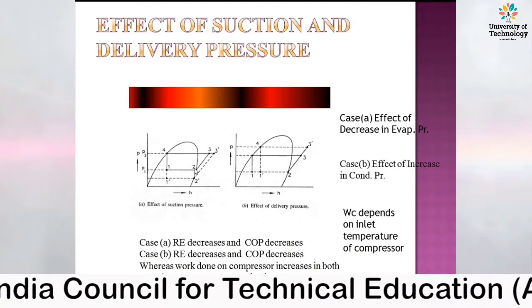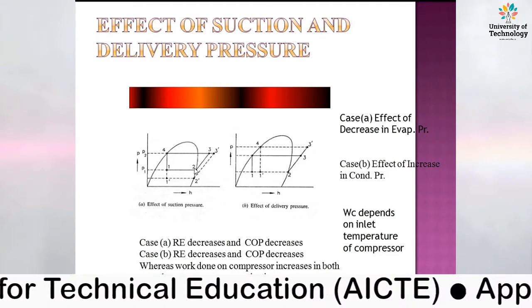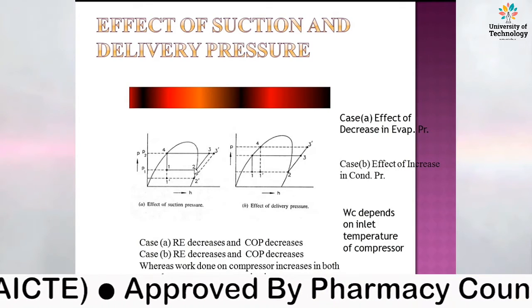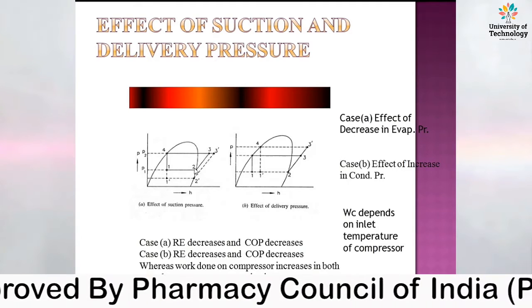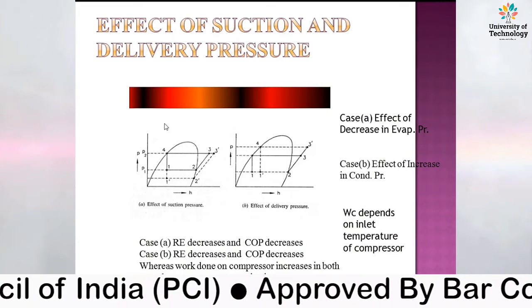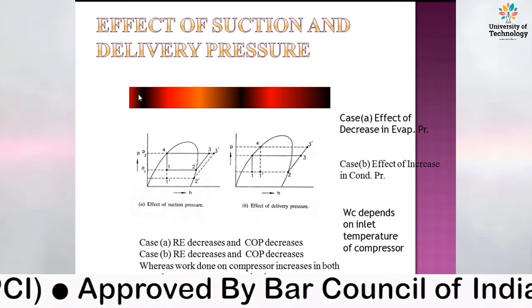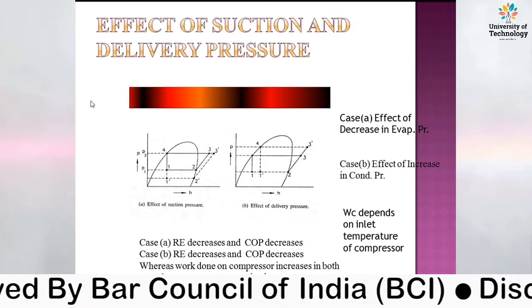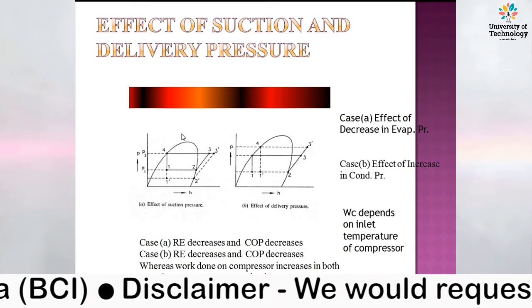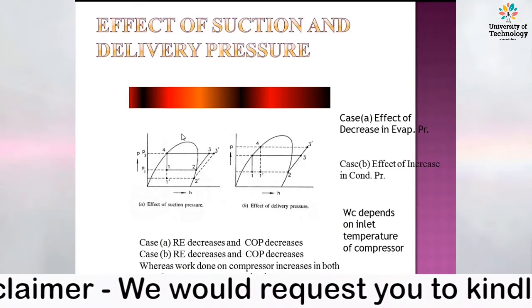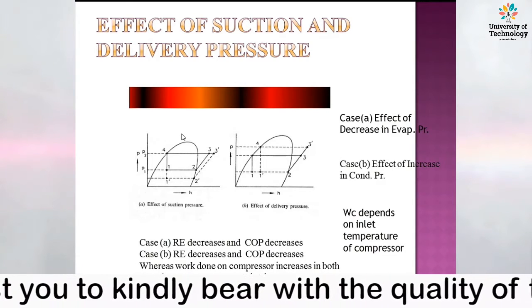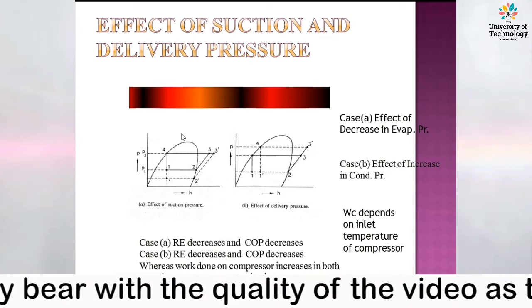Here P2 upon P1 equals P3 upon P2, the pressure ratio. So as the pressure ratio increases, volumetric efficiency decreases. So what we observed: by reducing the suction pressure or evaporator pressure, refrigerant effect decreases, compressor work increases, COP decreases, pressure ratio increases, volumetric efficiency decreases.